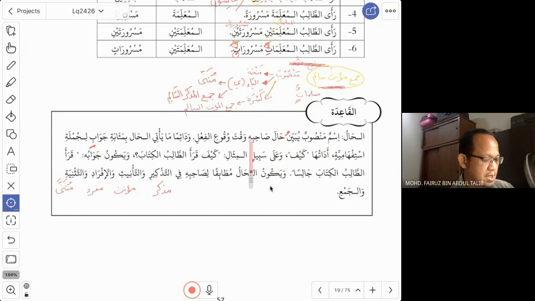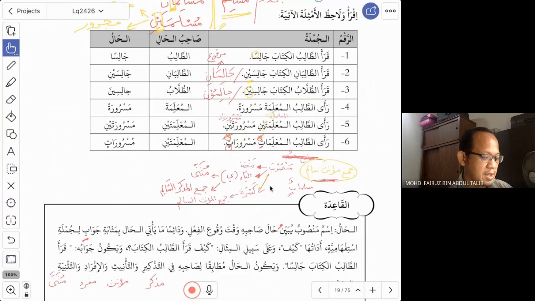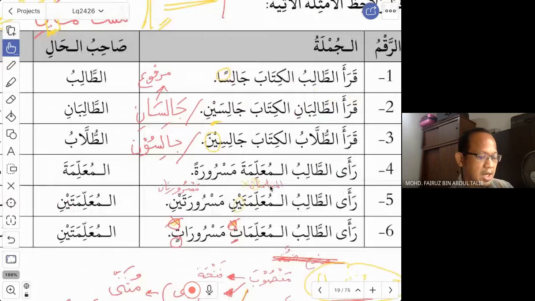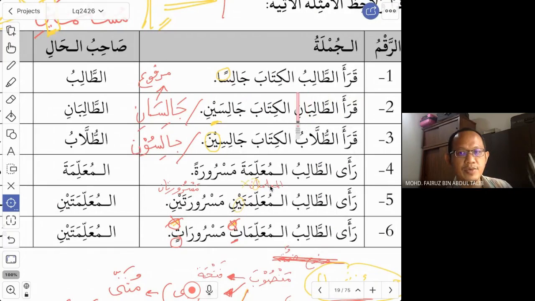And the condition, or the state of the owner, waqta wuqu'il fi'li, at the time when an action takes place. So when he does that action, what about him? For example, if you look at the example here, we say qara'a at-talibul kitab. At-talib qara'a al-kitab. So when he read the book, how was he?